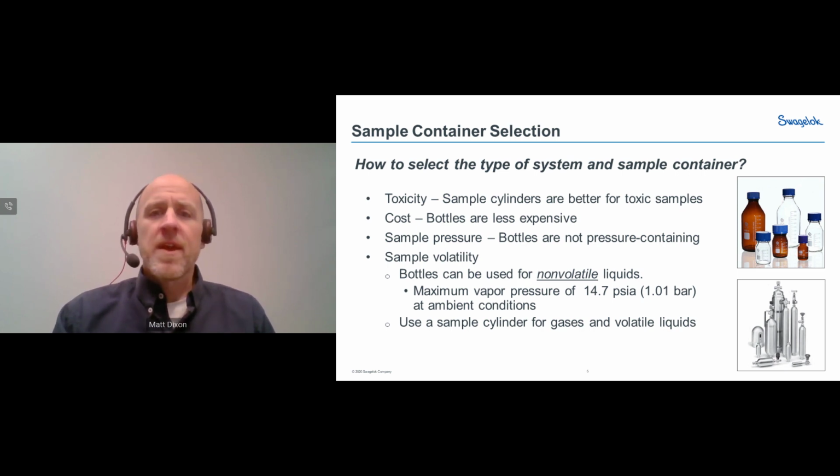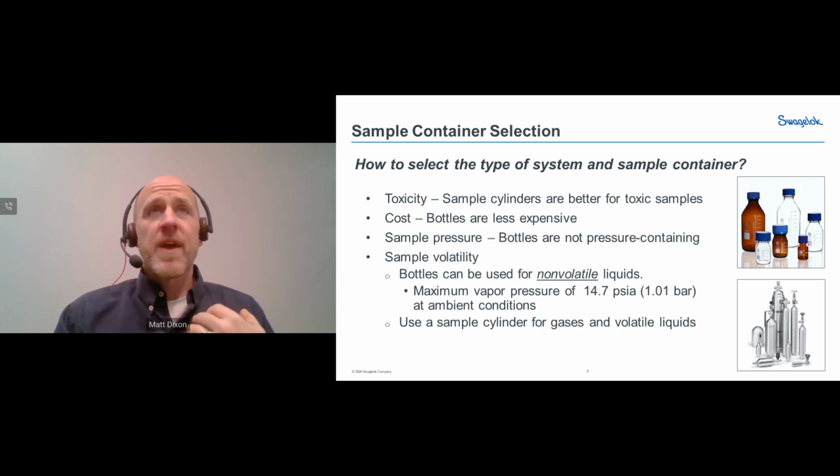And most times in a viscous sample, we're going to be using a bottle of some sort. And that is actually driven by one, just the application, but two, the economics of it as well. A bottle is certainly going to be more cost effective than a sample cylinder, a lot less expensive.